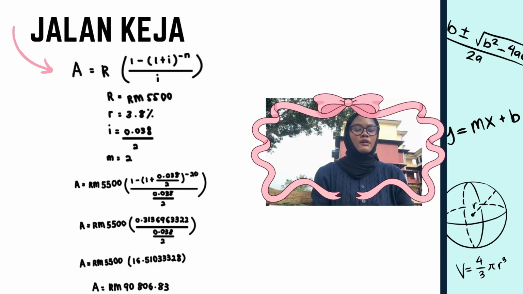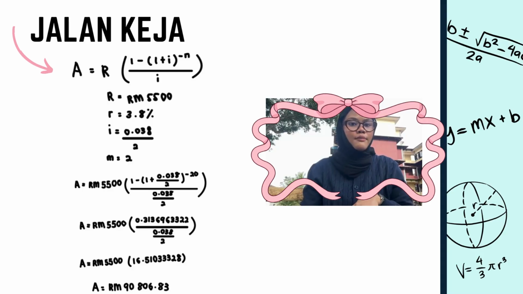Let's begin with R, which is 5,500, and I equals 0.038. That is the given 3.8%, divided by 2, and our M is 2. For M, the question already told us that it is every 6 months.